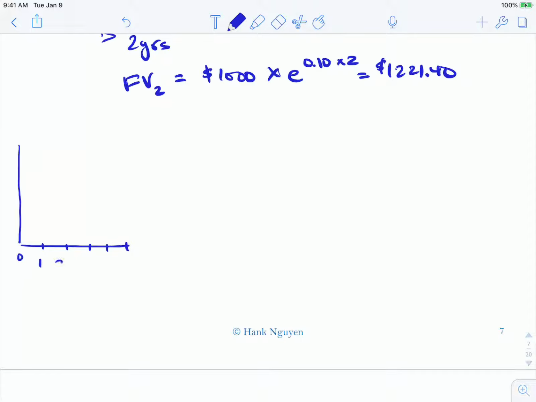For annual compounding, the dollar amount, let's say you start with 1,000. It looks like this.